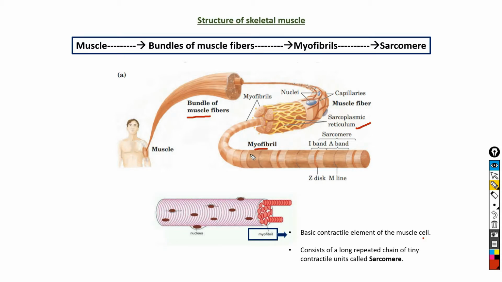A myofibril is a cylindrical structure 1 to 2 micrometers in diameter that is often as long as the muscle cell itself. A myofibril consists of a long repeated chain of tiny contractile units, known as sarcomeres. Each sarcomere is about 2.2 micrometers long, the region between two Z discs, and it is the sarcomere that gives the vertebrate myofibril its striated appearance.